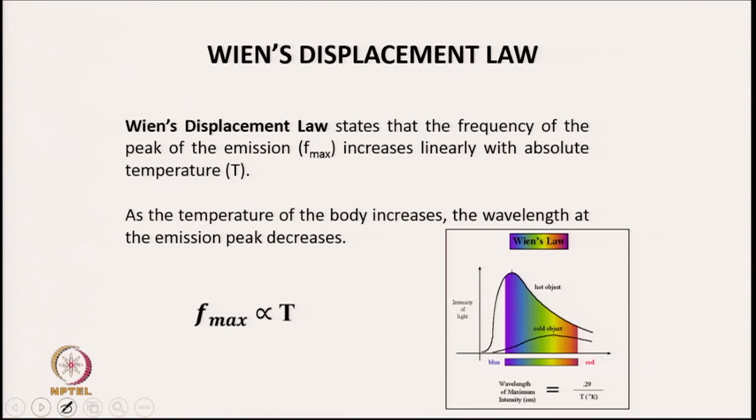As the temperature of a body increases, the wavelength at the emission peak decreases and the frequency of the emission peak increases, and there is basically a proportionality relation between frequency and temperature. That is known as Wien's displacement law.